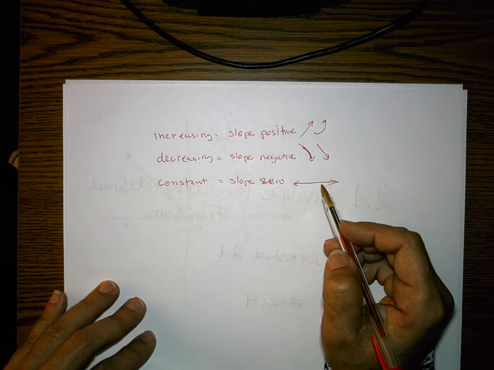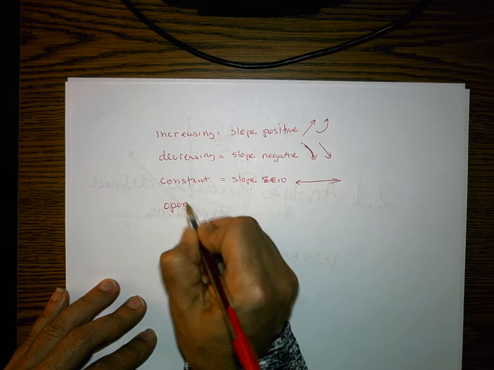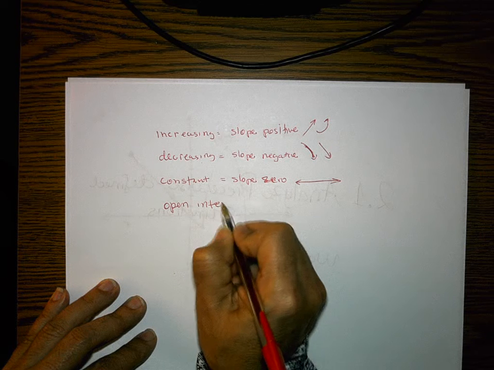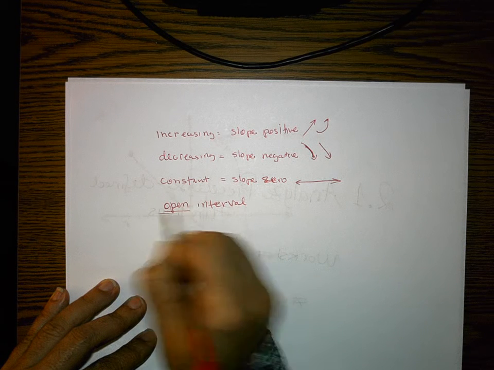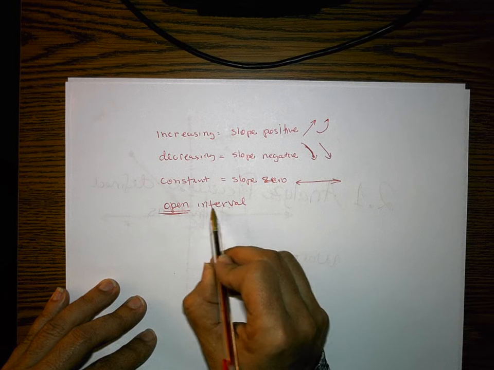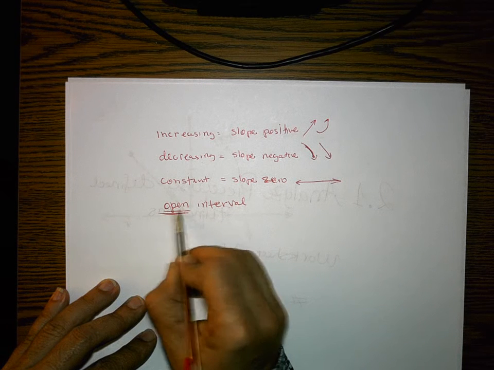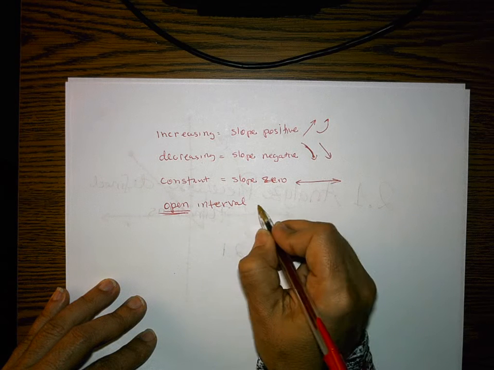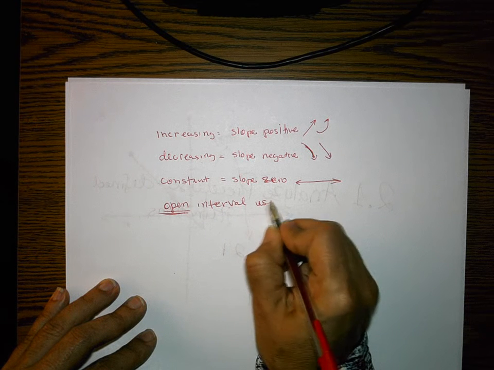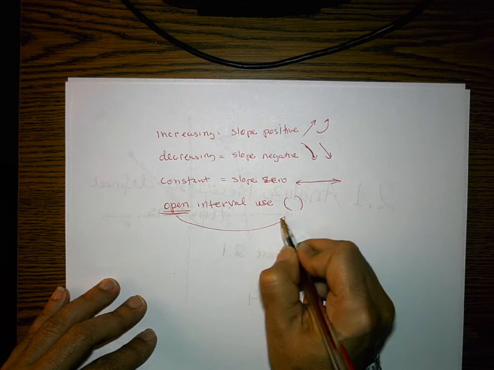We also have to pay attention to another vocab, which is open interval. The word open, we want an interval in the domain. So we want an interval on the x-axis, but we want it open. So whenever they ask me for an open interval, we will use parentheses.